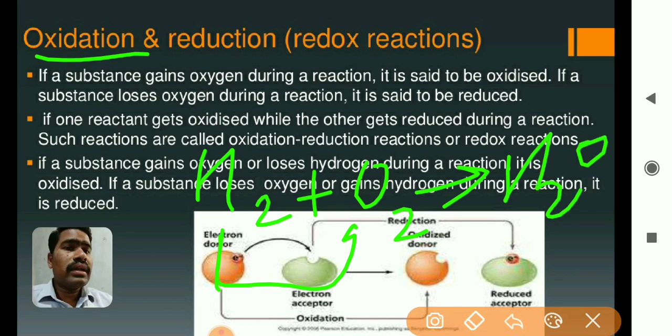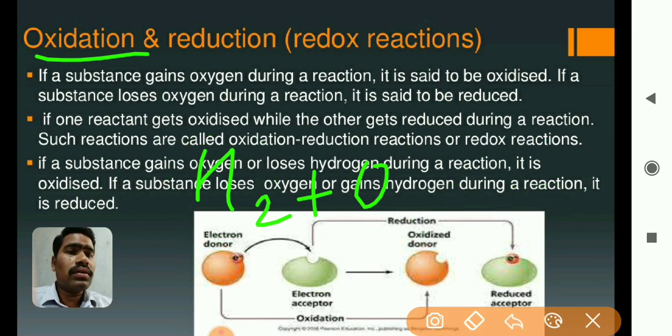This addition of oxygen is nothing but oxidation; here the hydrogen has got oxidized. So the primary definition of oxidation is that the addition of oxygen is called an oxidation reaction.